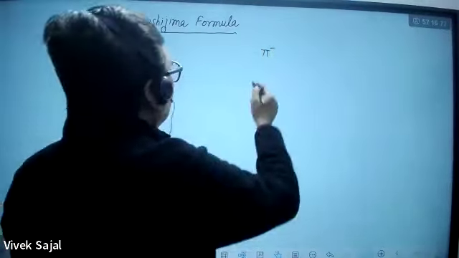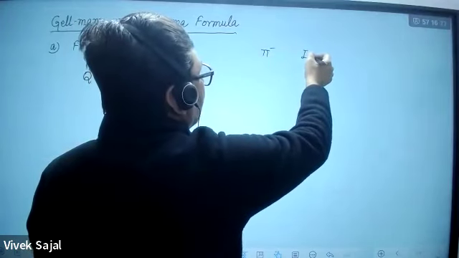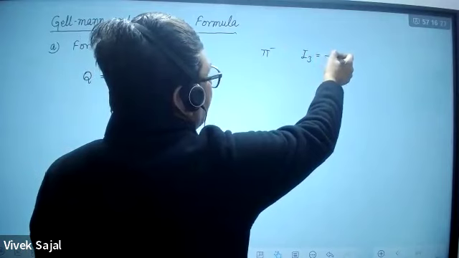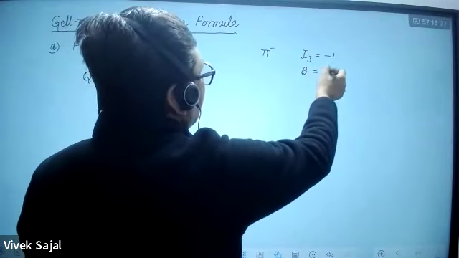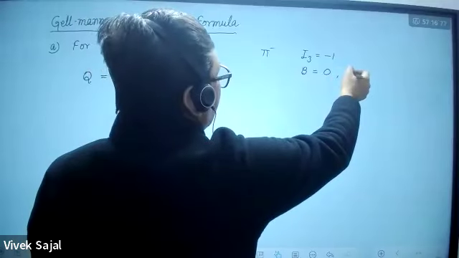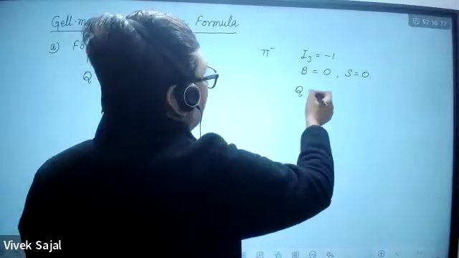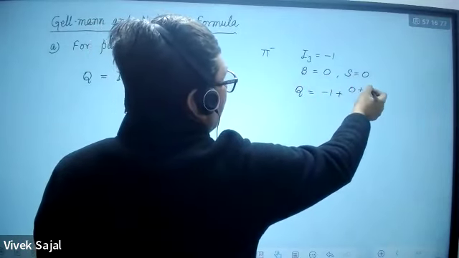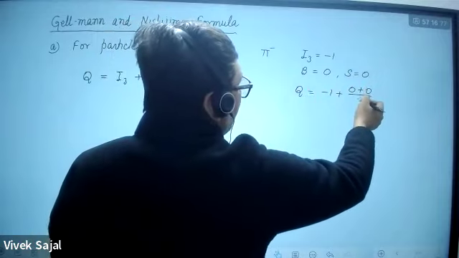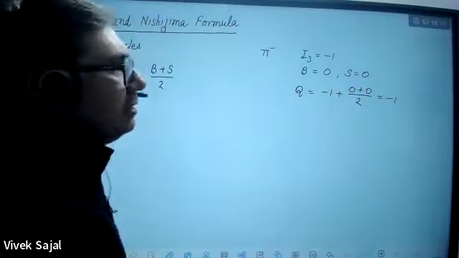Pi minus, look, what is I3 for pi minus? That is -1. B is 0 here and S is 0. So what will be the charge? Q will be equal to I3, that is -1, plus (B plus S), 0 plus 0, by 2. So that is -1, minus e charge.